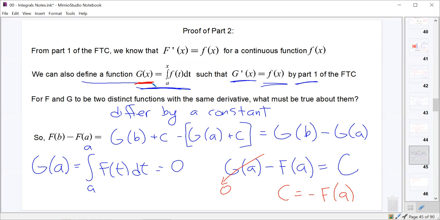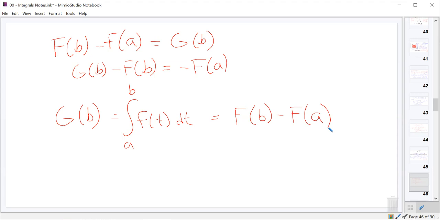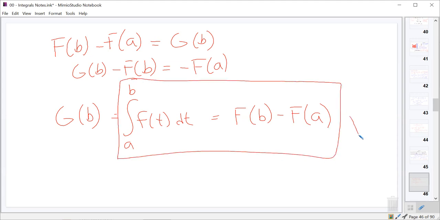So capital G of b ought to be an integral from a to b of f of t dt. The value for g of b was just capital F of b minus capital F of a. And this right here is exactly what we were trying to prove.